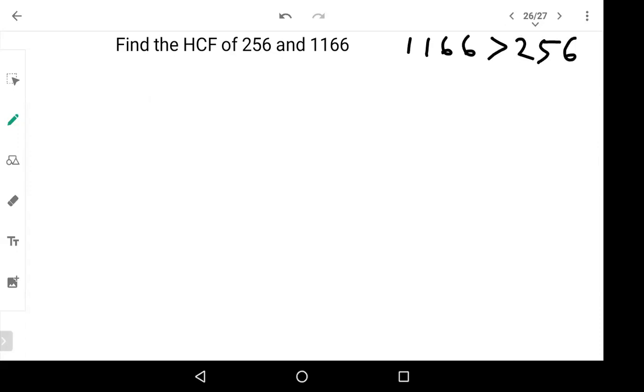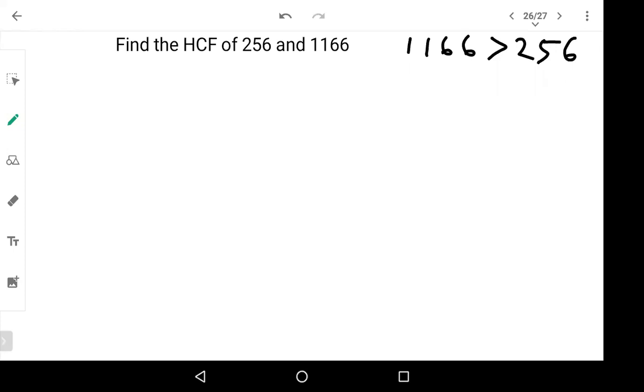Correct? So we are going to divide 1166 by 256. That's not 2056, Pawan, it is 256. That 0 is not there.